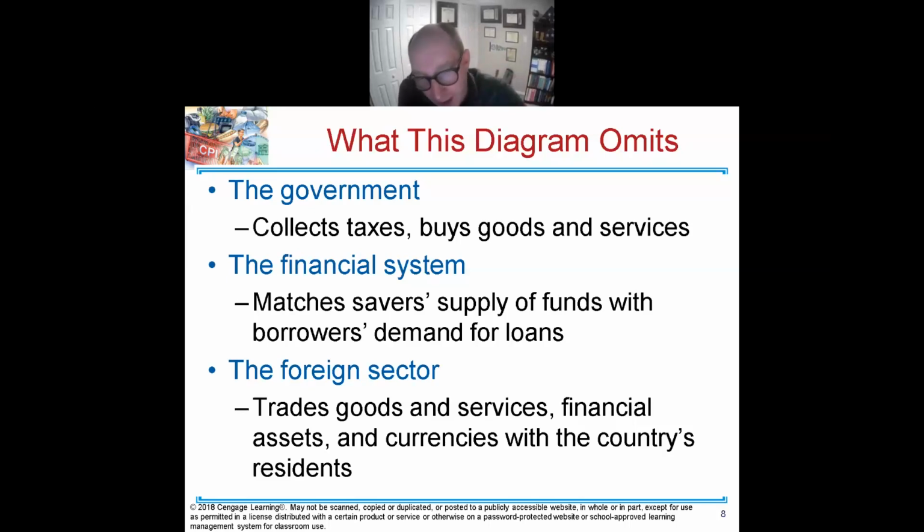And then another thing that's missing from that diagram is, what about trade? Trade's missing. The goods and services that we get from other countries is missing from that diagram. So the diagram's not perfect, but it purposely omits those three things. The reason why the taxes, the loans, and the trade are missing from that diagram is because we are only interested in what is done domestically and produced domestically.